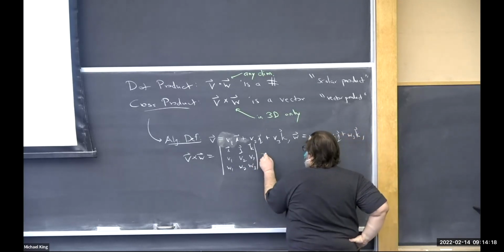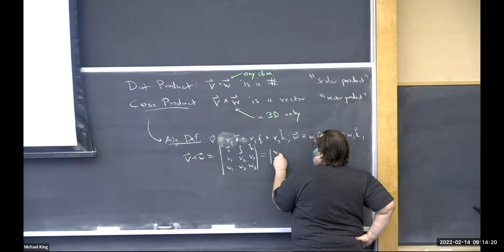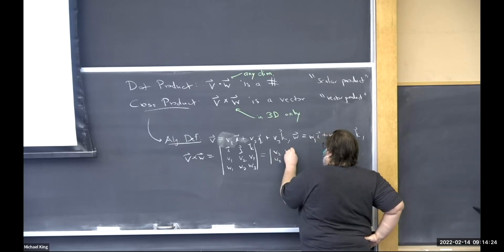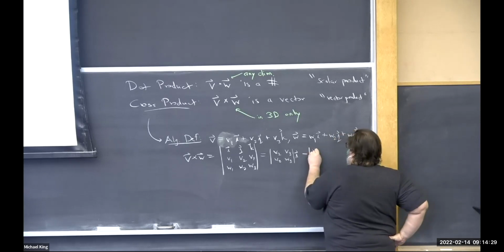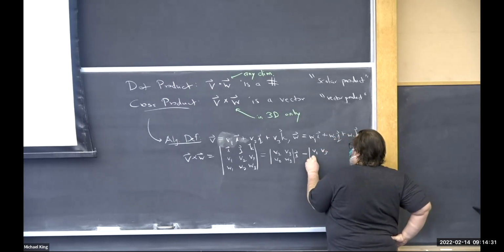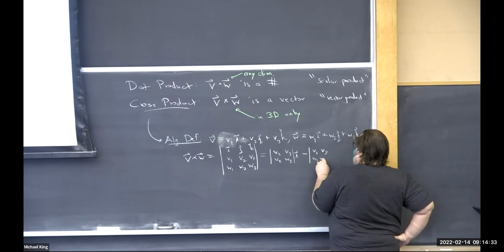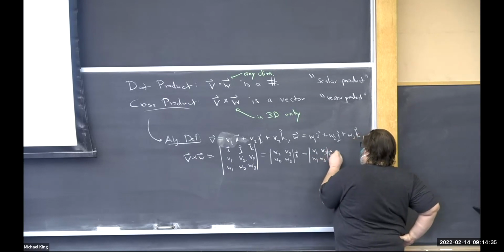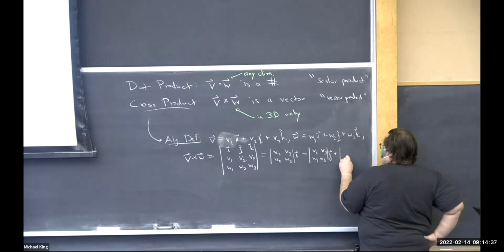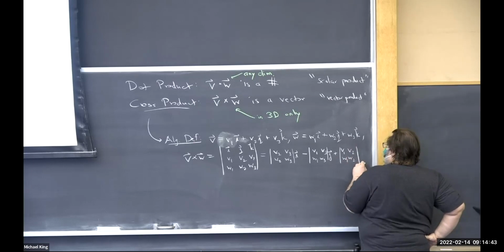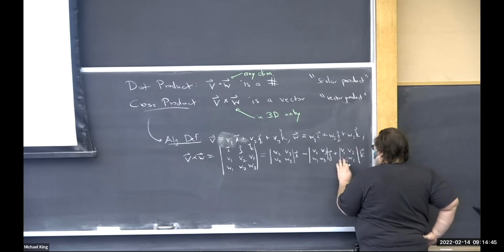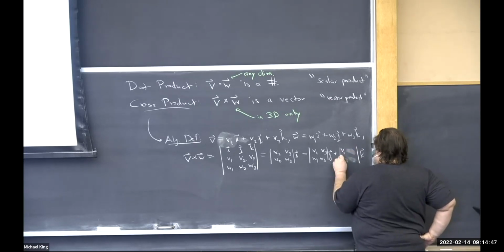And we can write this in terms of these 2 by 2 determinants. There's a minus sign here in front of the j, and then v1, v2, w1, w2. Sorry, I put these a little crunched together because I'm trying to fit it on the board.